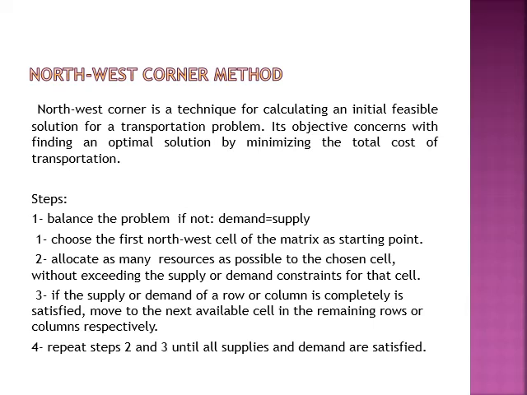If the supply or demand of a row or column is completely satisfied, move to the next available cell in the remaining rows or columns respectively. We will move to the next cell exactly when we satisfy the demand and supply of this cell.